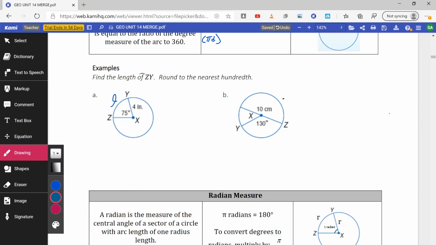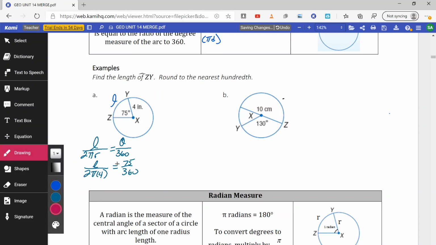So again, length of arc over 2 pi r is equal to our central angle over 360. So we're going to fill in the missing pieces. We don't know what L is, so we're going to leave it as that. So 2 pi times my radius, which is 4, gives me my central angle of 75 over 360.